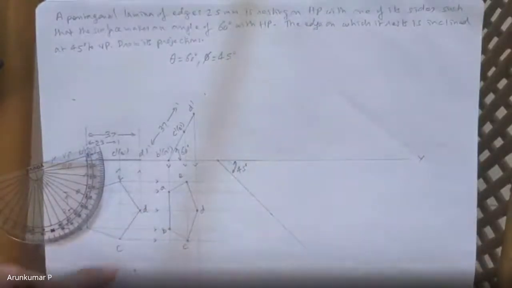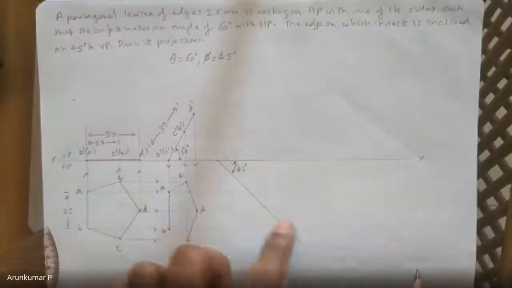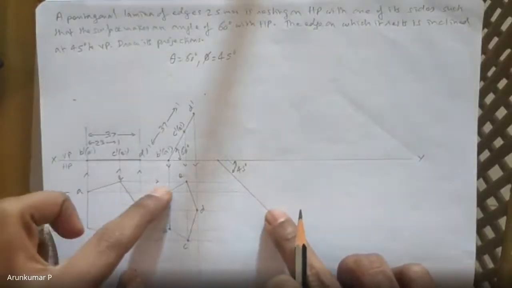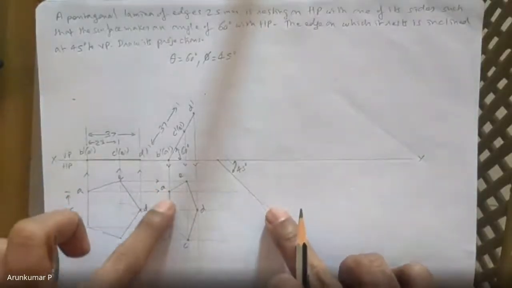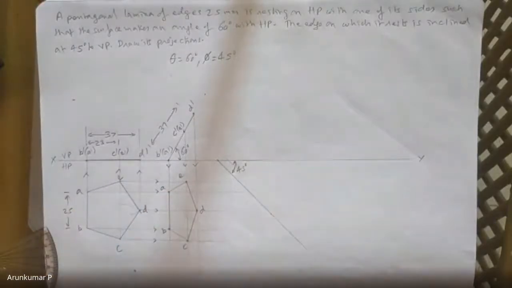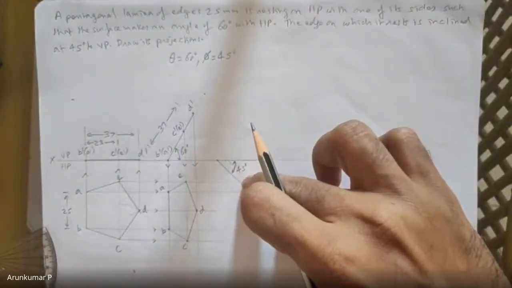So now, if I place AB here, then that AB should be in its true length. Now tell me, in the second step top view, is this AB in its true length? 25 mm? Yes, sir. So can you place it directly here? Yes. So is this a locus problem?